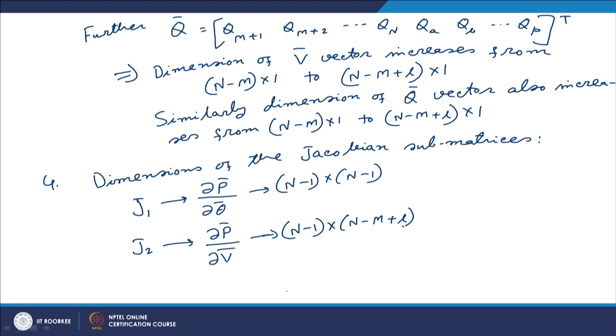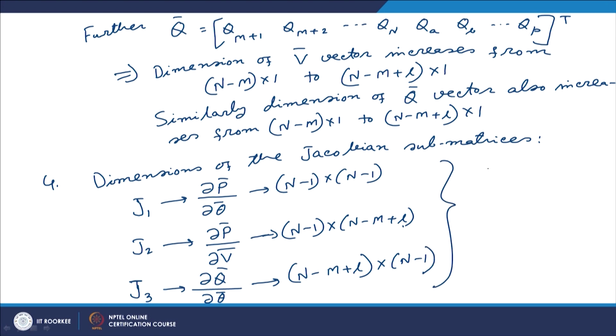What happens to J3, that is del Q by del theta? Del Q has now increased. The dimension of the Q vector has now increased from n minus m to n minus m plus L. So, it becomes n minus m plus L cross n minus 1.